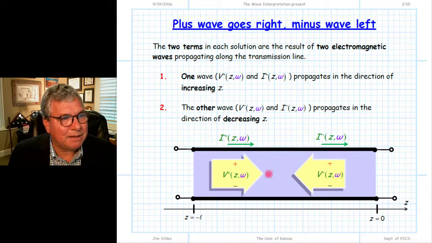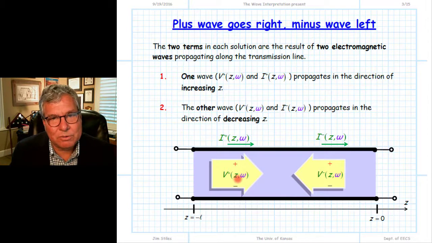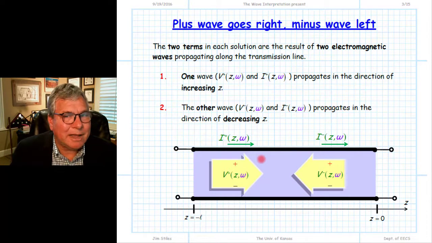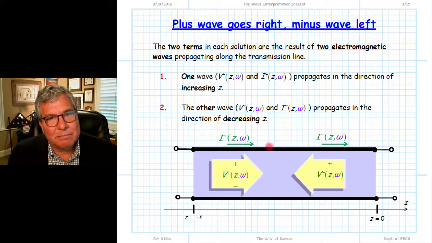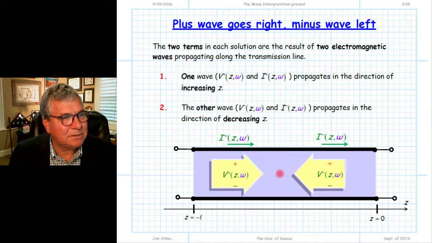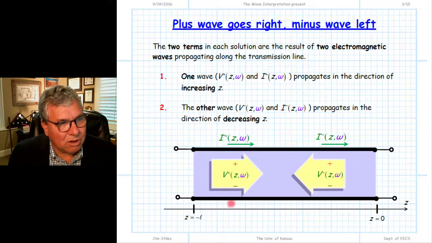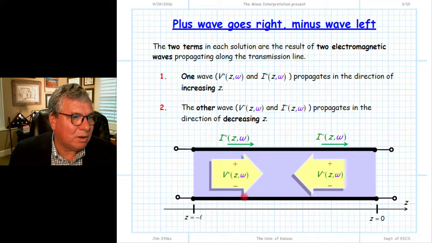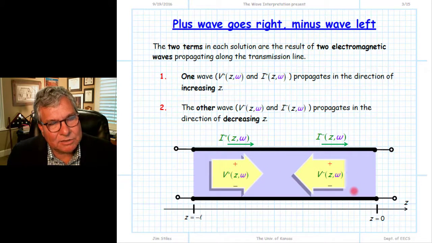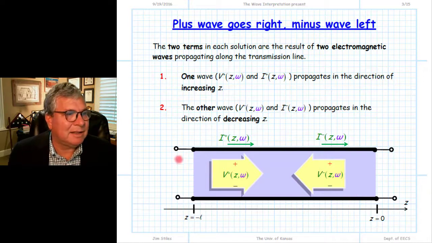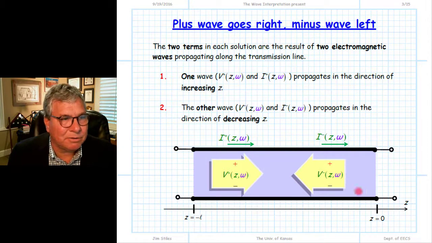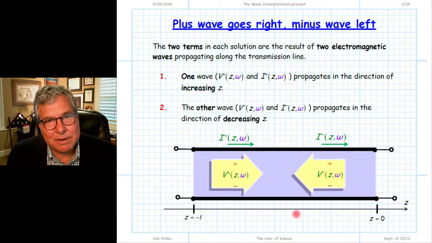They propagate together through each other. There's no need to form two different lanes as if they were on an interstate highway, because again, neither of them have mass. So again, these are all together here. It's not like one's on the left side and the minus wave is on the right side. It's not like the plus wave is in the top conductor, the minus wave is in the bottom conductor.